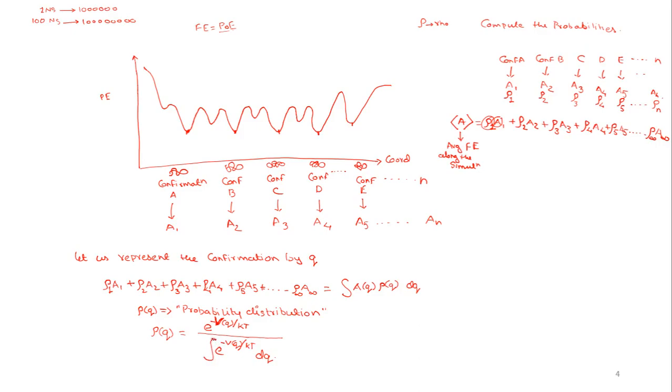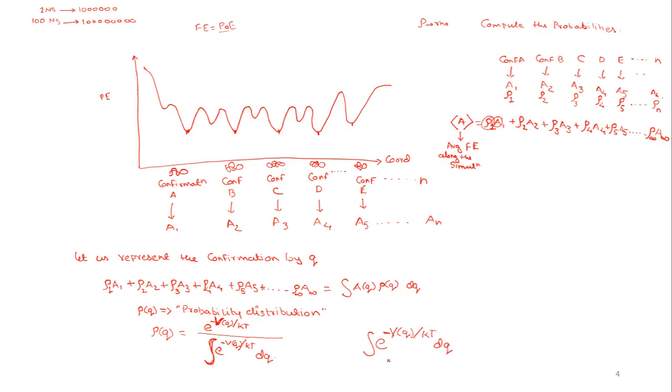So this integral sign now defines the possibility of all configurations that you can obtain. Let us write it simply here as the exponent of the energy of the conformation divided by kT, dq.